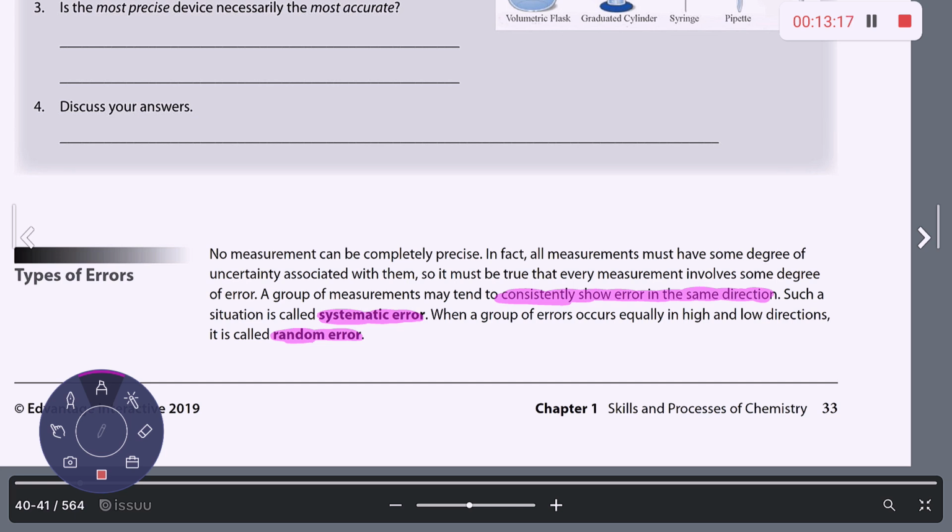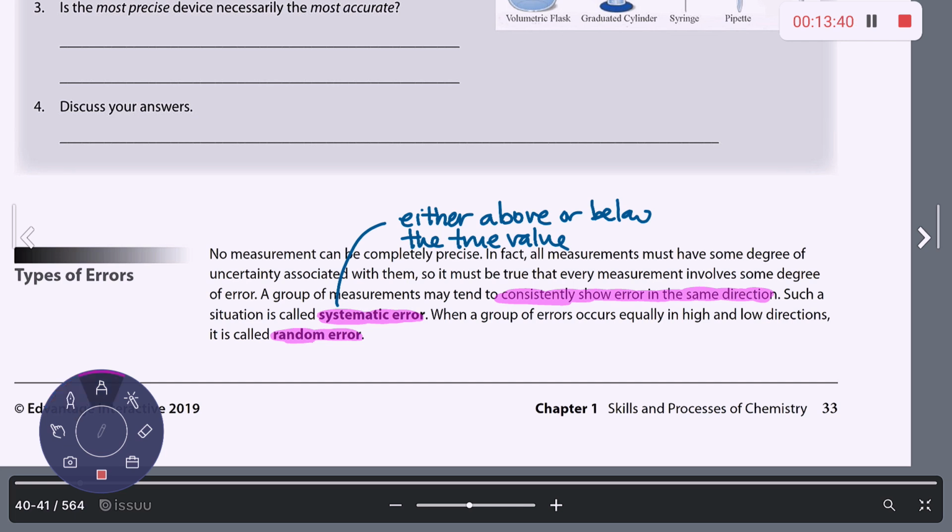Those are systematic errors. So make yourself a note. Systematic errors would be either above or below the true value. They can't be both above and below. They have to all be above or all below, okay?